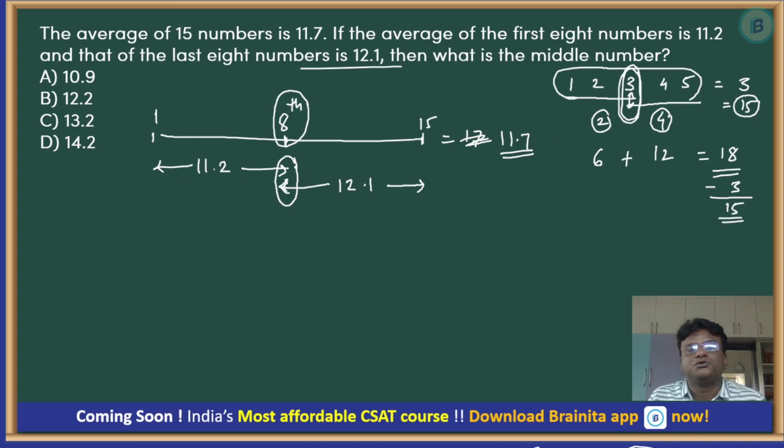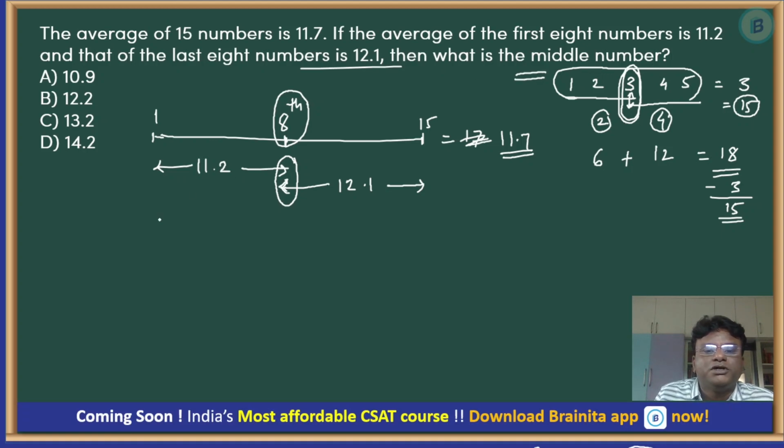Here we are going to use it, and similar kinds of questions have been asked in multiple ways. So you need to understand this. Sometimes they give the first number, last number, various combinations, but everywhere it is the same concept. So we have to find the middle number, which is the 8th number.